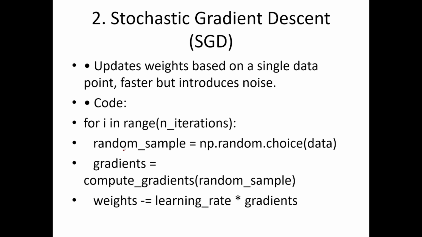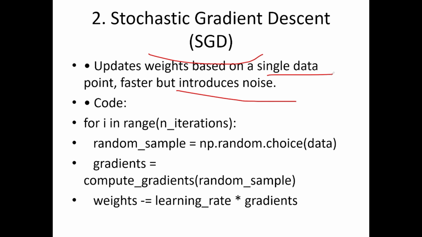Stochastic gradient descent uses one data point at a time. This makes the process faster by introducing some noise into the training. A single data point is used, and this is the demo code.